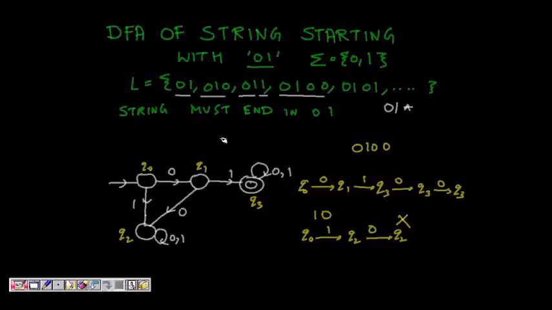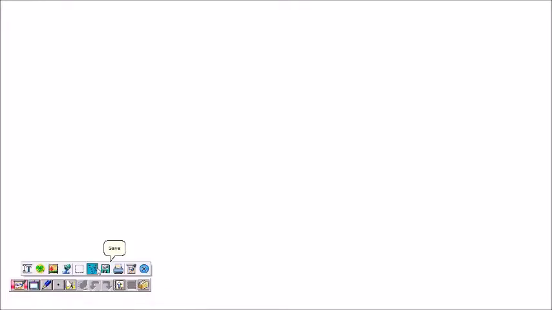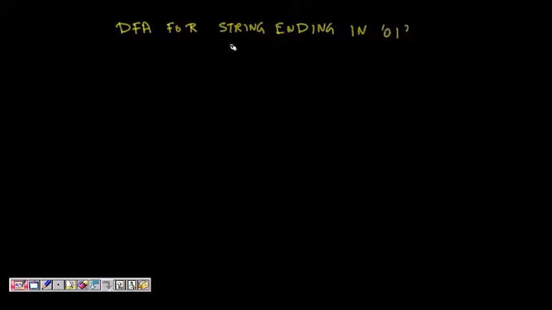Our next problem was how to design a DFA that should accept strings ending with 0 1. So let's try to see the DFA for strings ending in 0 1, and your sigma is 0 comma 1.